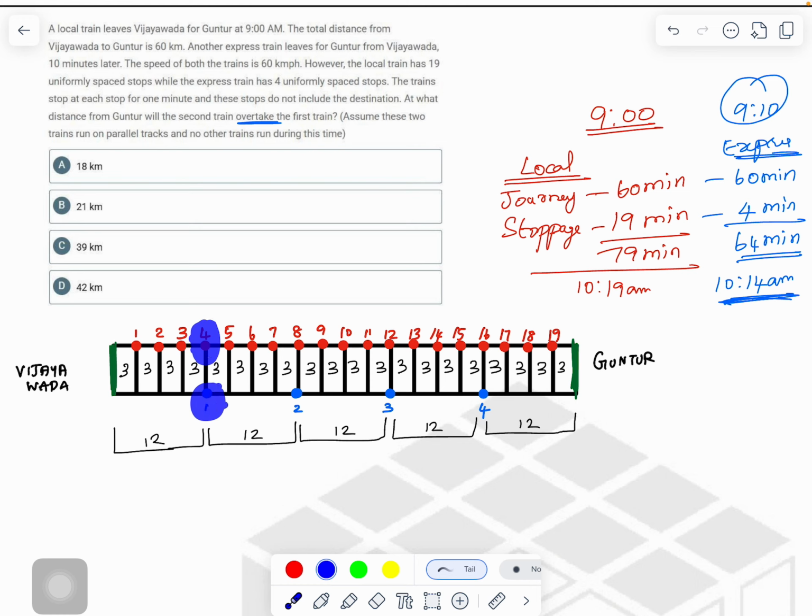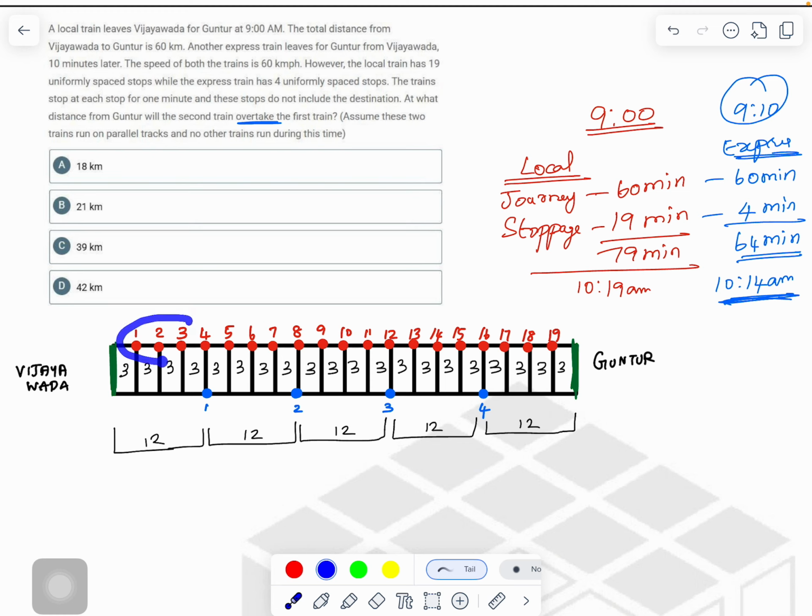So the 10 minutes lag has become only 7 minutes lag and no further. The 3 minutes extra delay that the local train incurs, but the express train does not, in the first 3 stoppages of the local train, will help in bringing the 10 minutes lag to 7 minutes lag.